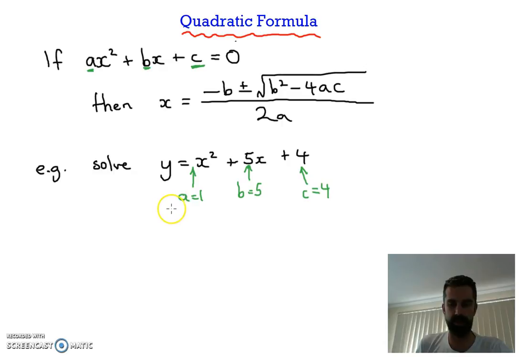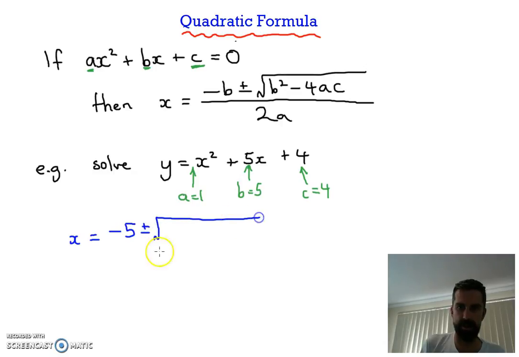So now we go to our quadratic formula, and we say that x equals negative b, which is negative 5, plus or minus the square root of b squared, which is 5 squared, take 4 times 1 times 4, which is c.